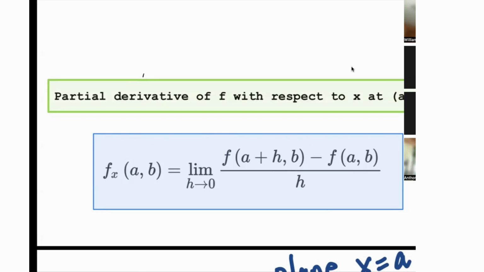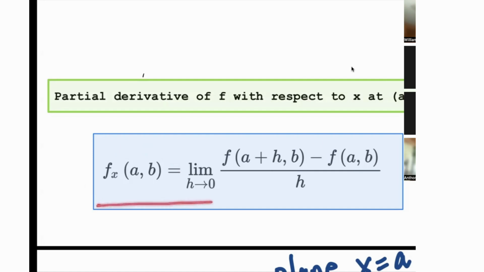You don't need to redo that work in Calc 3. We can just use what we already know. And in a moment I'll do some examples. You'll see that calculating partial derivatives really works the way you would think, more or less. It's not harder than just calculating ordinary derivatives.